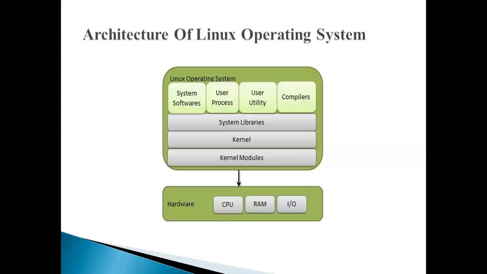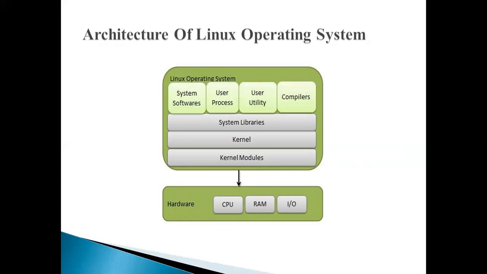And next, coming to the architecture of the Linux operating system. This figure shows the architecture of Linux. The architecture of Linux consists of the following layers shown in the diagram.